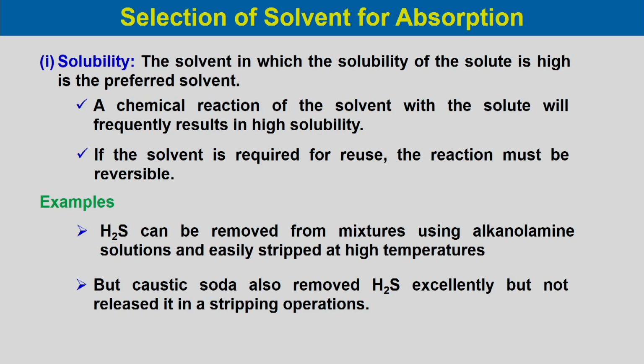If we take the reactive solvent mixture, after it reacts with the solute, to the stripper or desorption cell and heat it up, the reverse reactions will take place and it will release carbon dioxide or absorbed H2S.